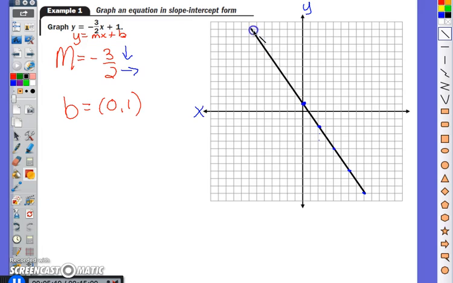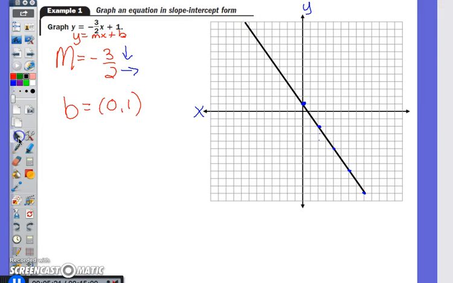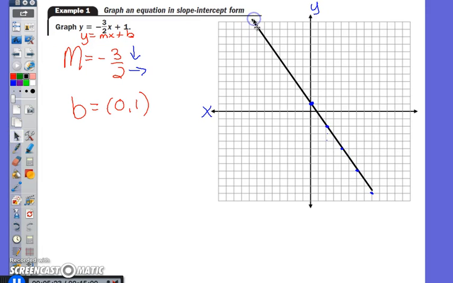And we can connect the dots. But the thing we need on our line is arrows. Let me get my pen back. We need arrows to say that the line goes on and on. And that is how you graph the line.